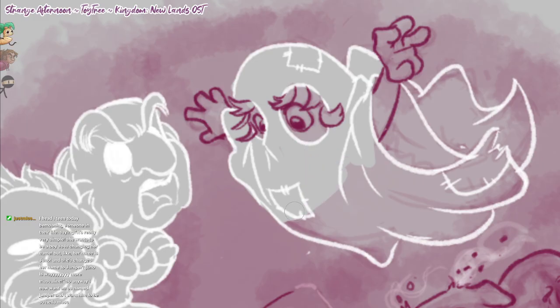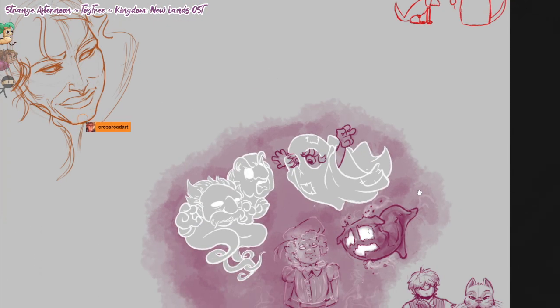In a non-ghost costume, if you will. A ghost in a ghost, a non-ghost in a ghost, and a ghost in a non-ghost. If that clears it up. Is the word ghost meaningless now?